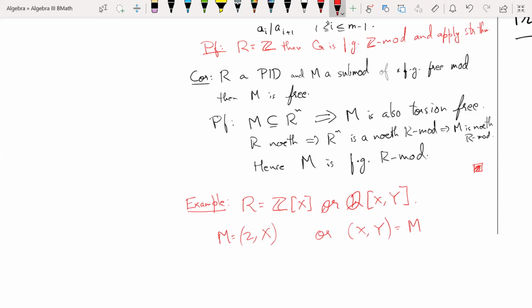By looking at it, you can say that it is finitely generated. It's generated by 2 comma x here, and this is generated by x comma y. So M is finitely generated, torsion-free because it's a submodule of a torsion-free module.